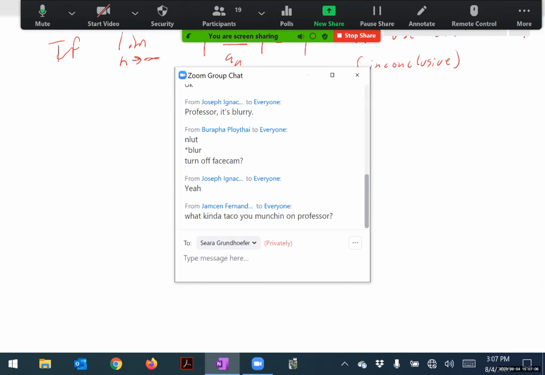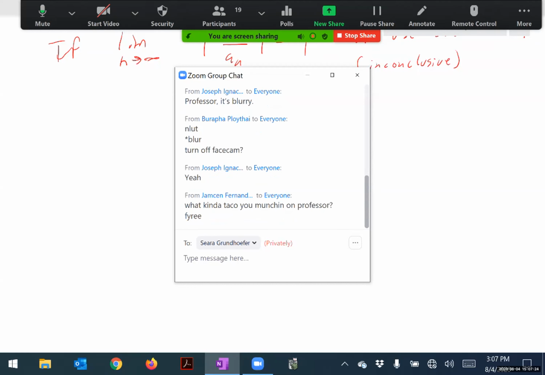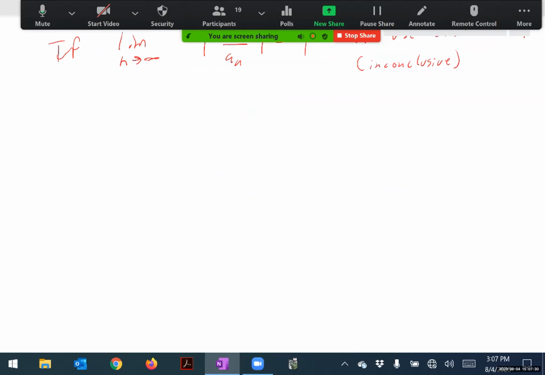What kind of taco? Oh, it's just a Del Taco from Del Taco, and they're on sale on Tuesdays because it's Taco Tuesday. So I didn't even ask for them to deliver Del Taco tacos to me, and they did. So somebody must care about me.